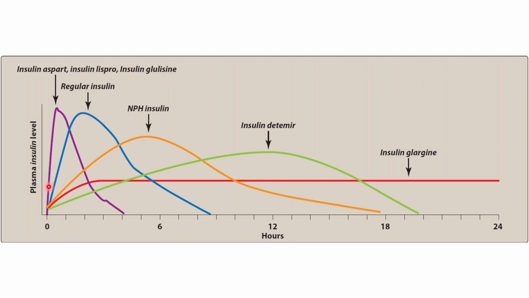Then there is also intermediate-acting insulin, that is neutral protamine Hagedorn insulin, where insulin is bound with a neutral solution of protamine that releases insulin slowly, and that leads to up to 20 hours of insulin action.